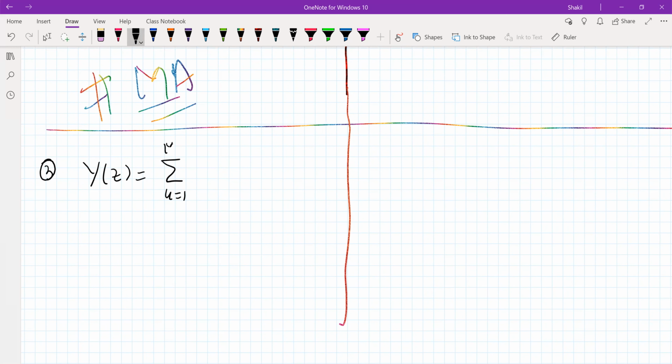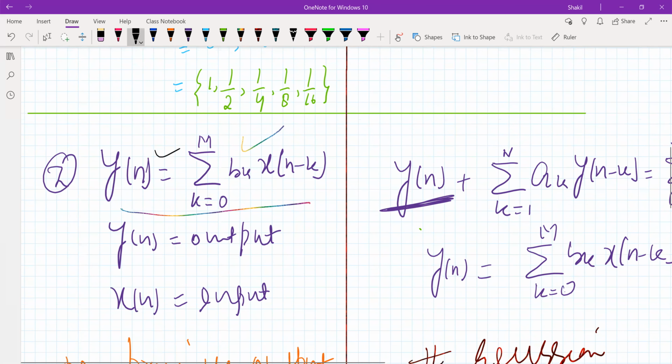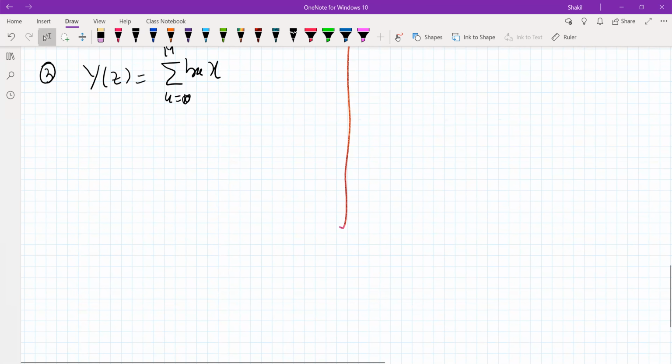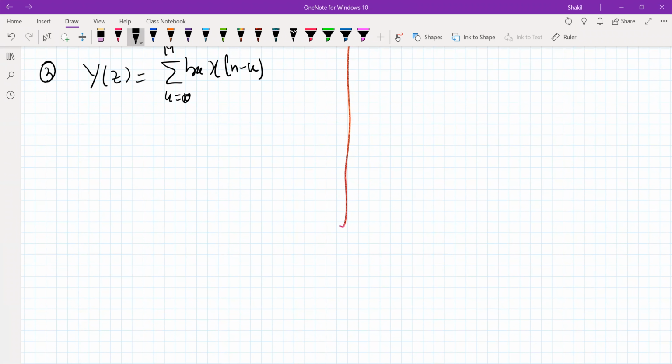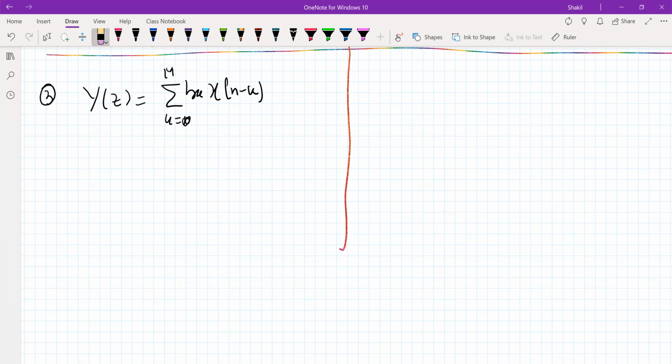So this is b_k and it starts from 0. That's the first term here, b_k x of n minus k. The z transform of that expression will be summation k running from 0 to m b_k z to the minus k X of z.